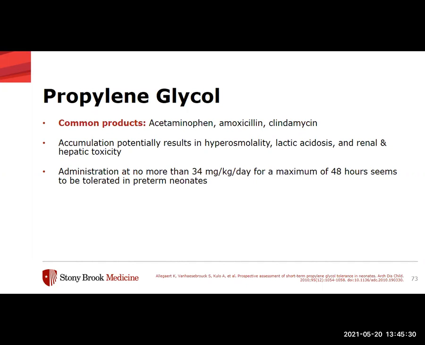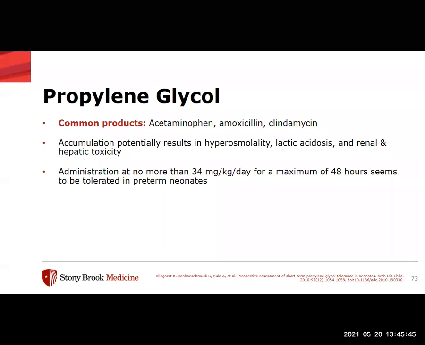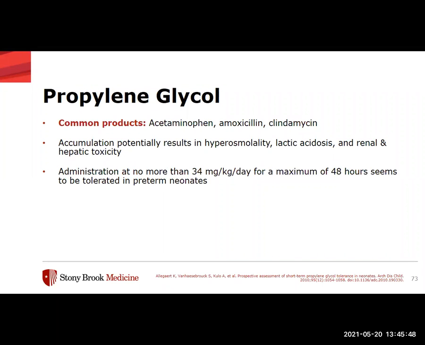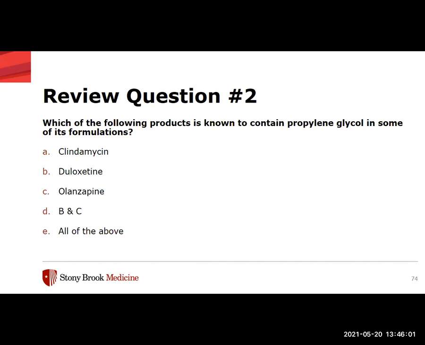However, in this assessment, it was observed that unintended propylene glycol administration at no more than 34 milligrams per kilogram per day for a maximum of 48 hours seemed to be tolerated in preterm neonates and did not affect short-term postnatal adaptation. So this is where that KIDs List recommendation comes from. Finally, further studies regarding propylene glycol's disposition, safe levels of exposure, and long-term safety data in neonates are needed in order to make more appropriate recommendations in the future.